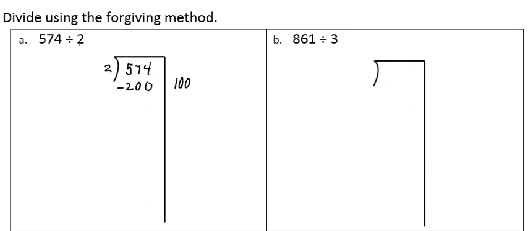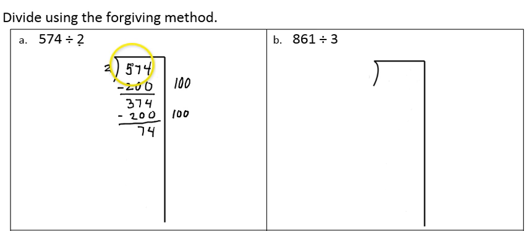And I'll subtract that. So off to the right, we're going to write how many groups of 2 we're taking out of 574. When I subtract, that leaves 374. That tells me I can take another 100 groups of 2 out of 374.